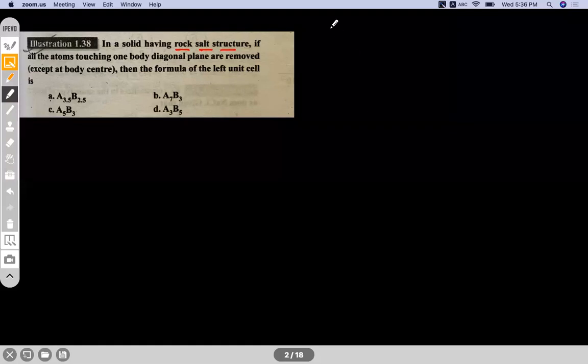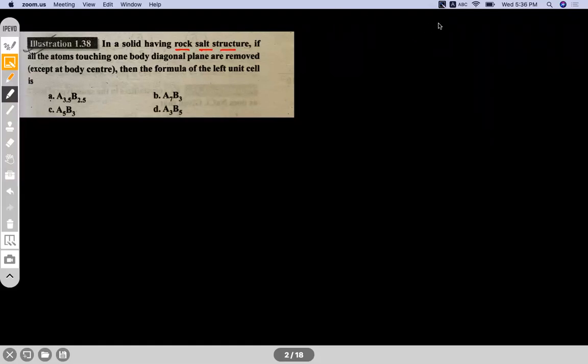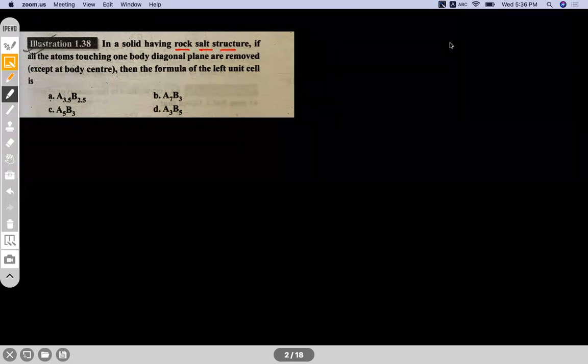What is the answer you are getting? All of you are getting A. Yes, A is correct.